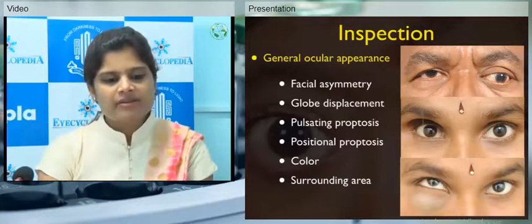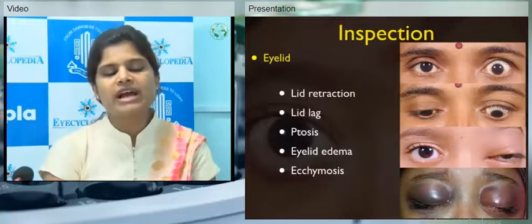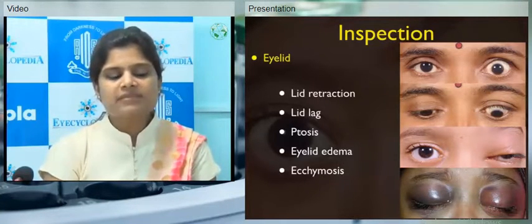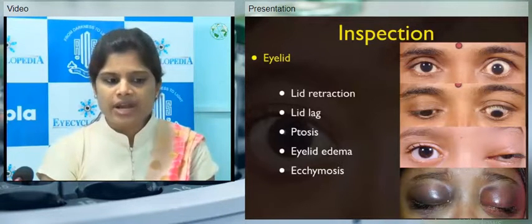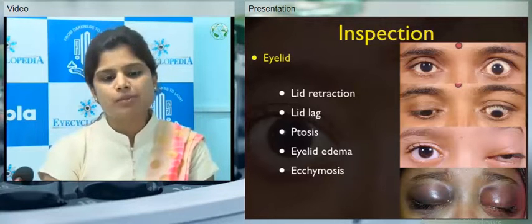After the general appearance, the next inspection we have to do is the inspection of the eyelid. When we inspect the eyelid, the important things to look for are whether the patient has any eyelid retraction, eyelid lag, any evidence of ptosis, eyelid edema, or ecchymosis.